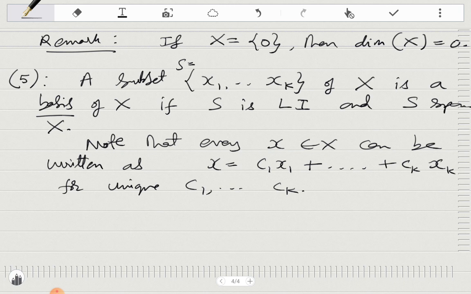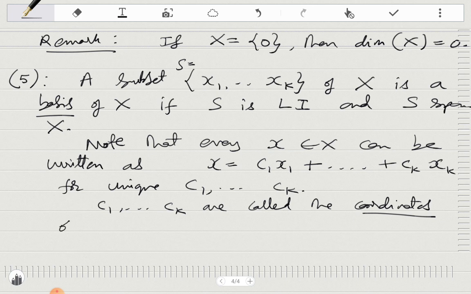But at least once we fix a basis, we can talk about coordinates of a vector. The c1, c2, ck are called the coordinates of x with respect to the basis S. This 'with respect to' is very important.